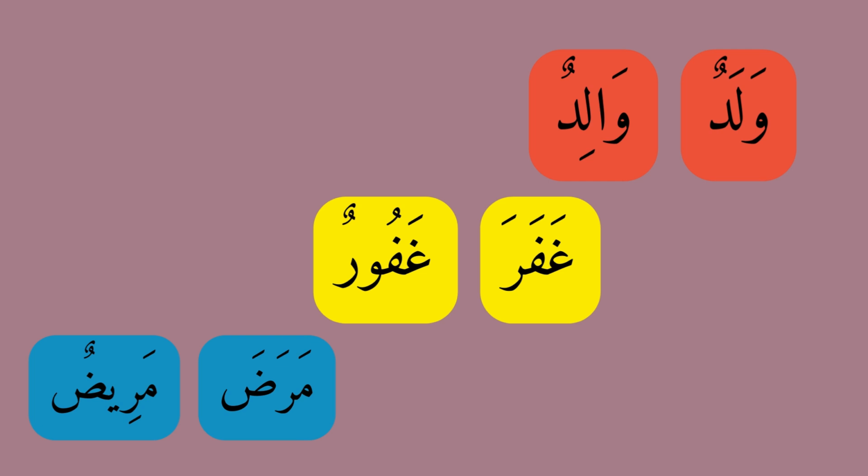So you have to stretch the sound of ri. Mari, not a short ri. Then dad with dammatain, double damma, dun. Maridun. Right, marada, maridun. MashaAllah. Very good.